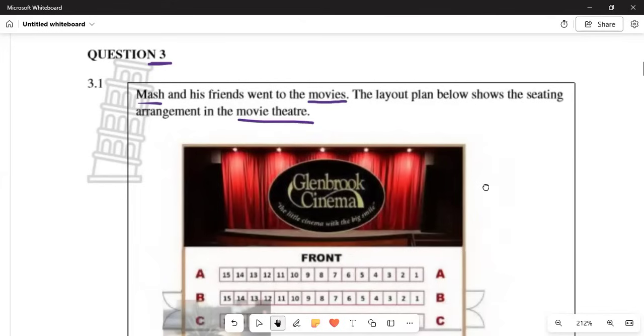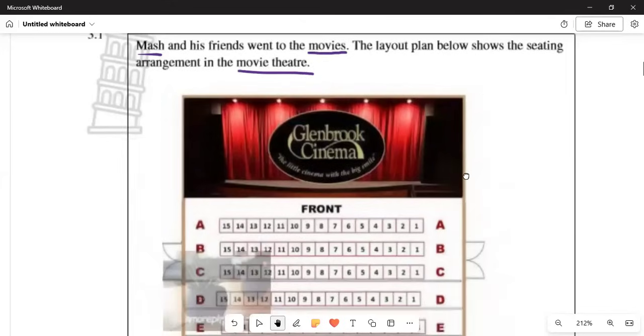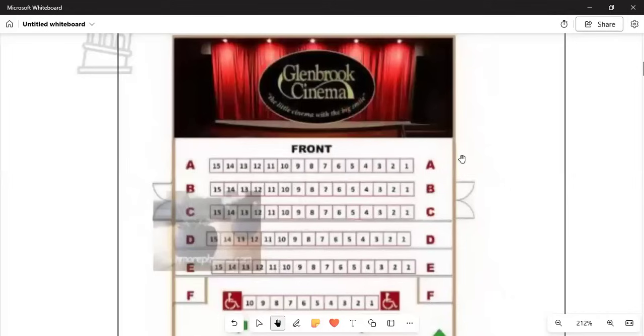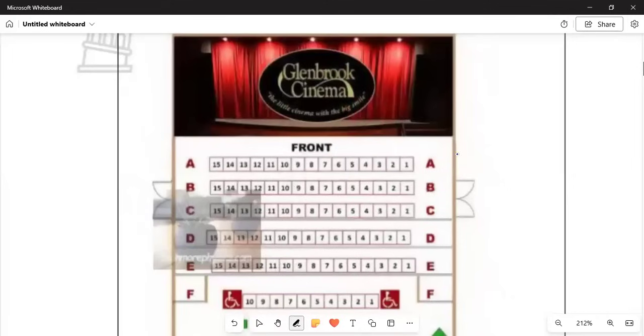Row A has 15 seats, B has 15, C has 15, D has 15, and then E. So each and every row has 15 seats per row.